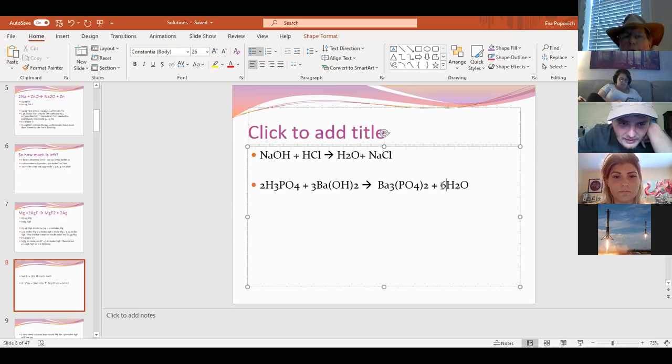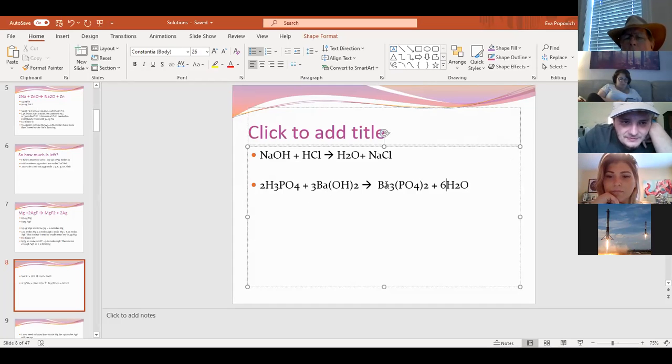It's 1, right? Exactly. What's the coefficient in front of the phosphoric acid? It's 2. Yeah, the coefficients are the big numbers that go in front of the chemicals. Sorry, I was looking at the barium on the right side.